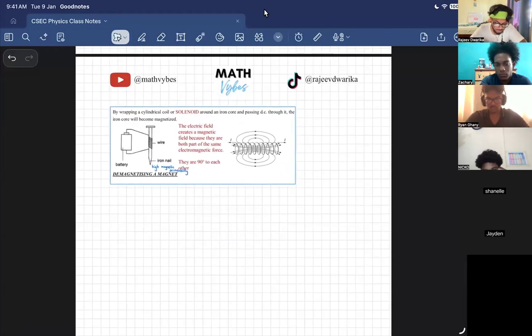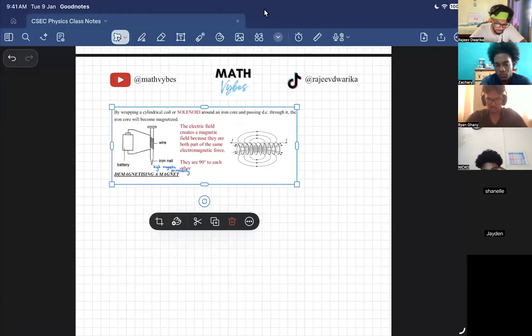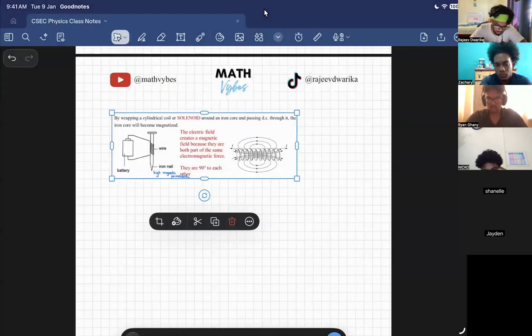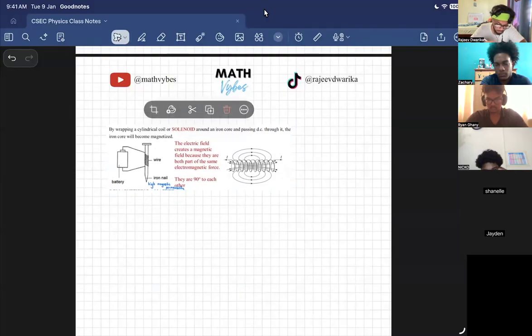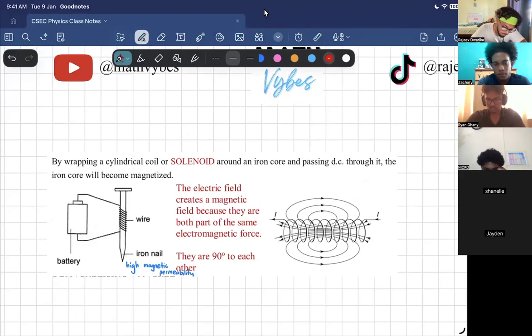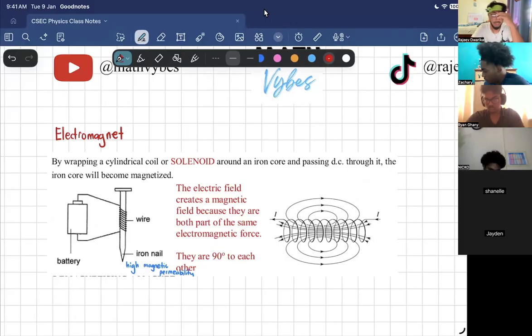And we just explained how to create an electromagnet, which is very important as well. So Nikolai, I'm looking forward to seeing your diagram.